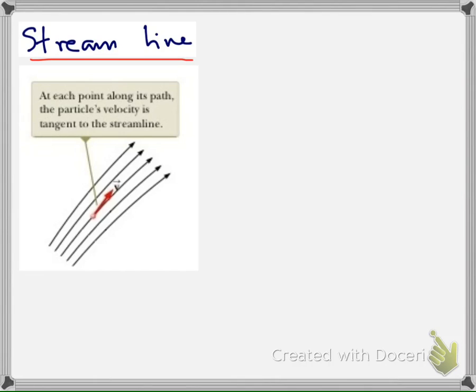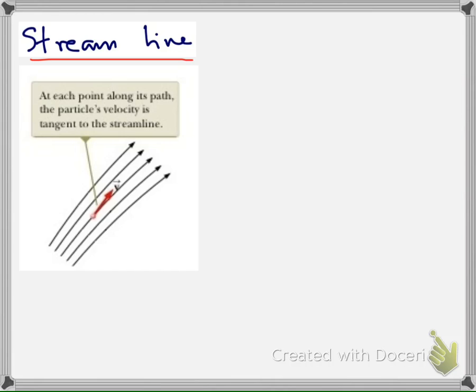In this figure, each line represents the line of flow of the fluid. At each point along its path, the particle velocity is tangent to the streamline. Okay, so it means that if you want to measure the velocity, the direction will be tangent to the streamline, which is simple.